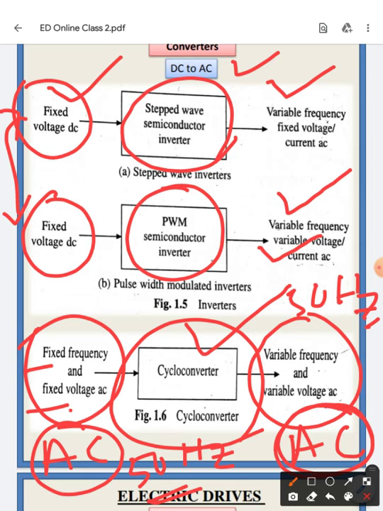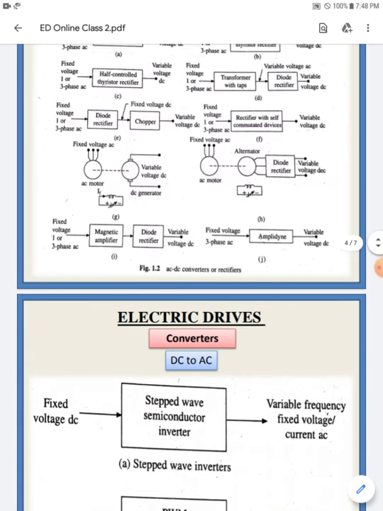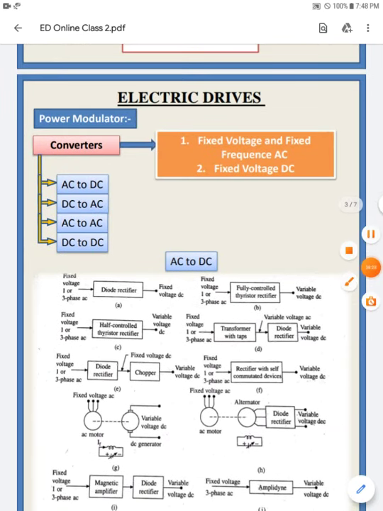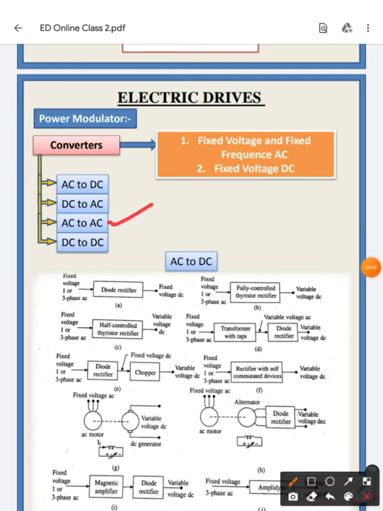Then you can go for the AC to AC converter that we discussed previously. AC to AC converters convert fixed AC voltage into variable AC voltage at fixed frequency.